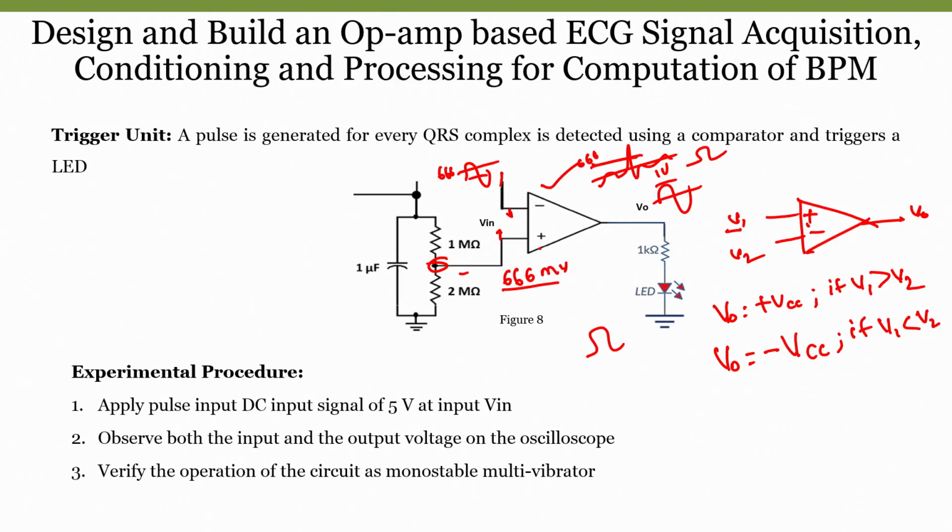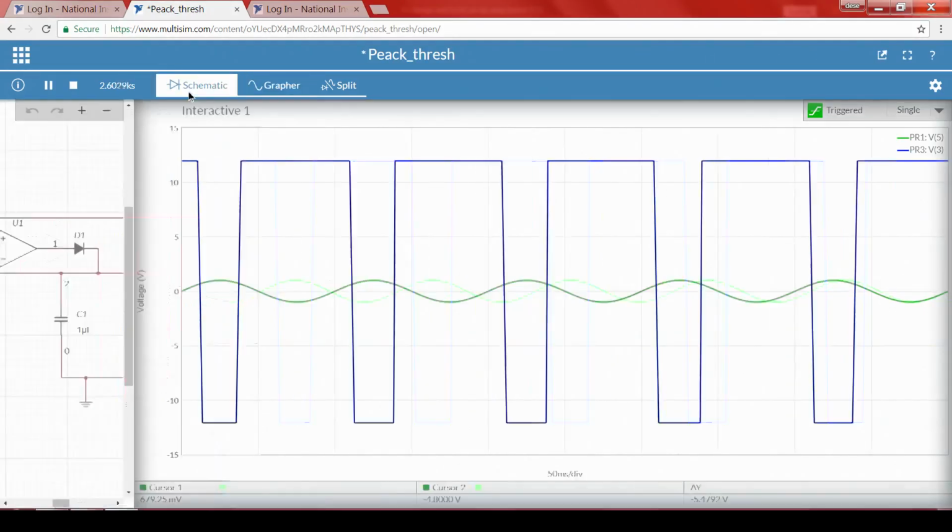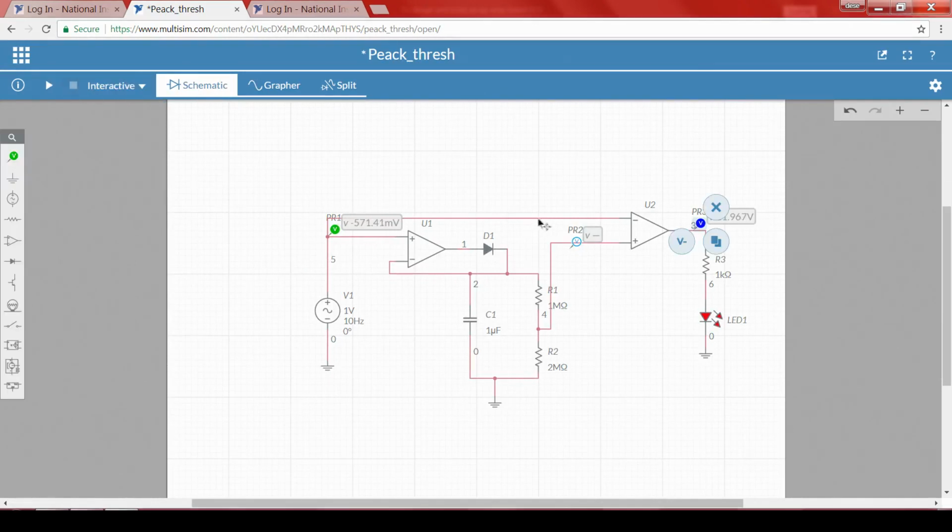But we require it the other way. So, if I make this positive and this negative, then what happens? Since it is 666 and this is the sinusoidal wave, in order for V naught to be higher, the input voltage should be greater than the threshold, only then it will become higher. Now, let me go to schematic, just to stop the circuit.